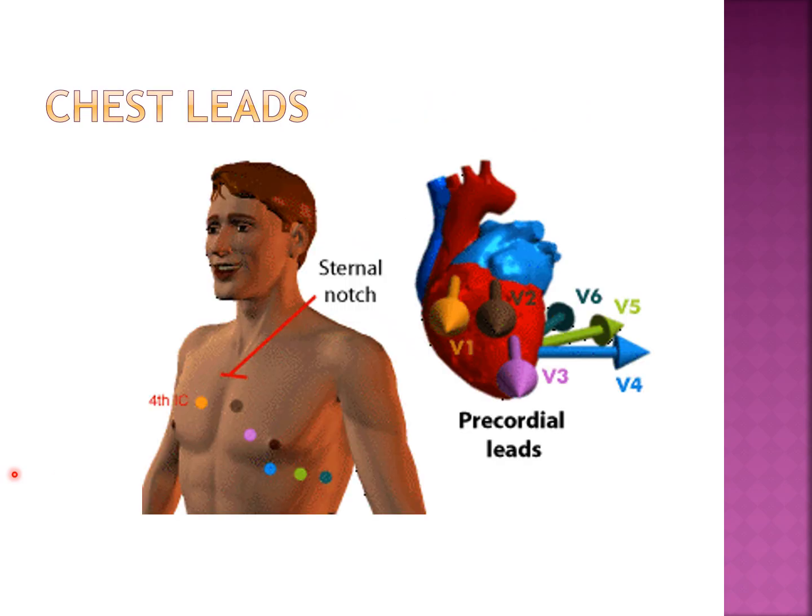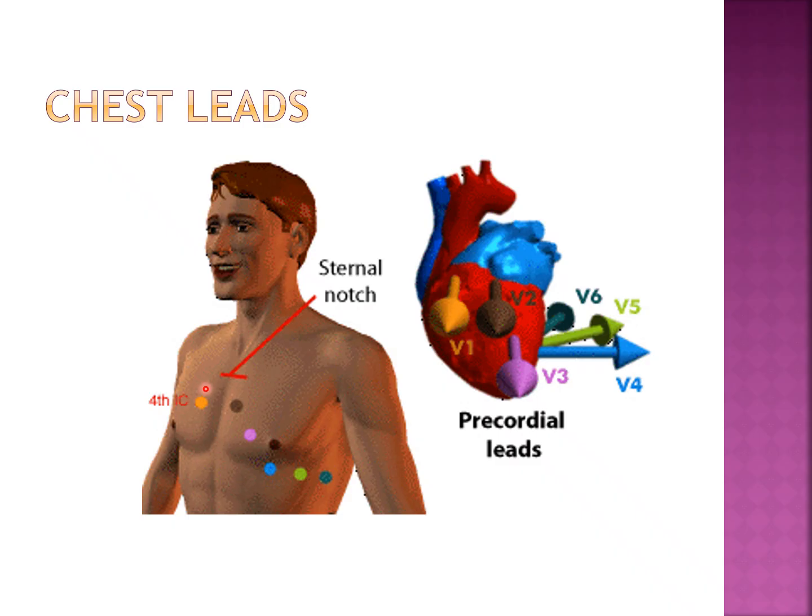So here, what I'm showing you is basically, remember that the chest leads are a positive vector. And so if it's a positive lead, it looks at electricity coming at it and going away from it. So if you think about V1, which would be right here, you would say that V1 has most of the electricity going away from it.